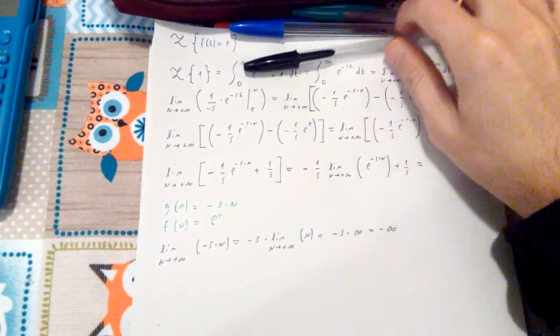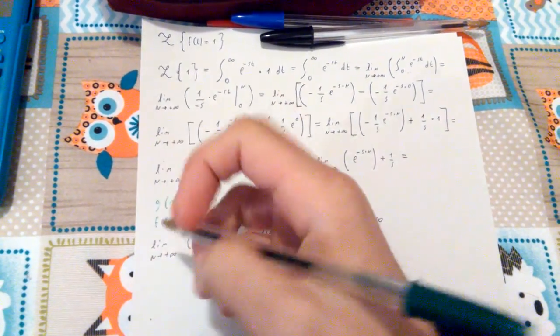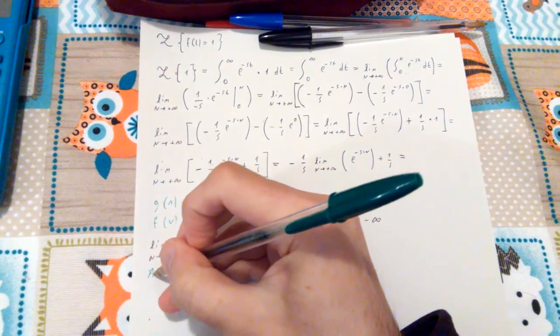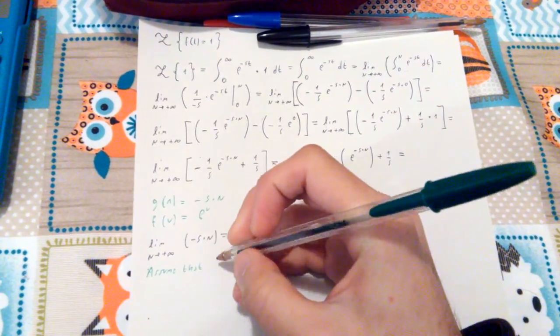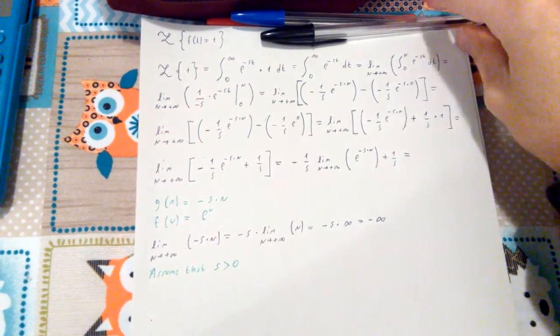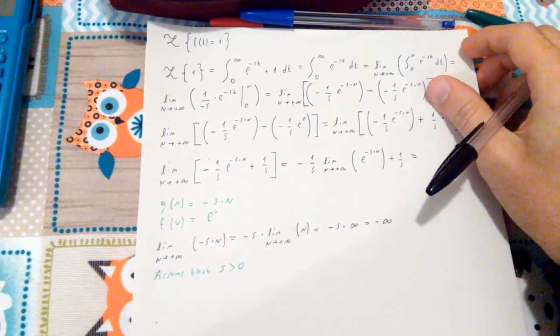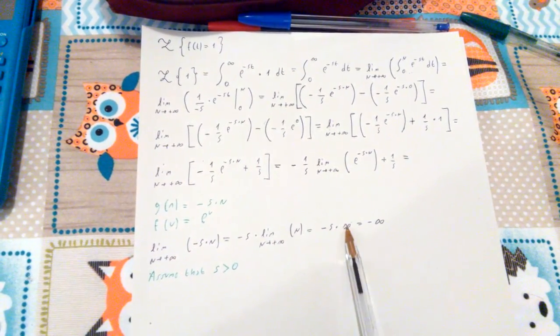Now, in order for this to be right, we have to assume that s is greater than 0. Because otherwise, if it's 0, it will be infinity times 0.